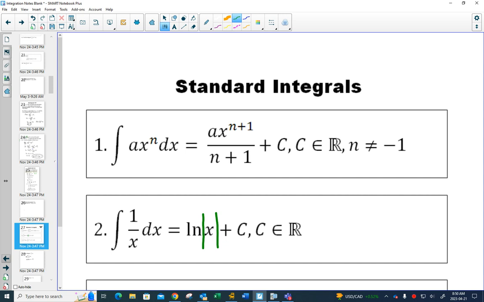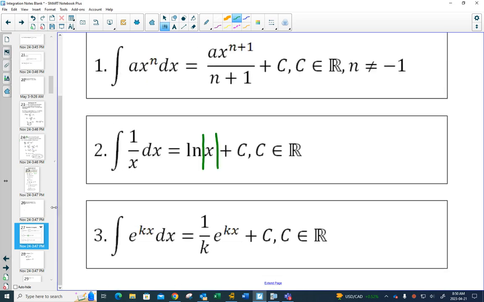Sometimes it doesn't matter, but if you think about your natural log graph and you think about your 1 over x graph, oh, and I had another one here.